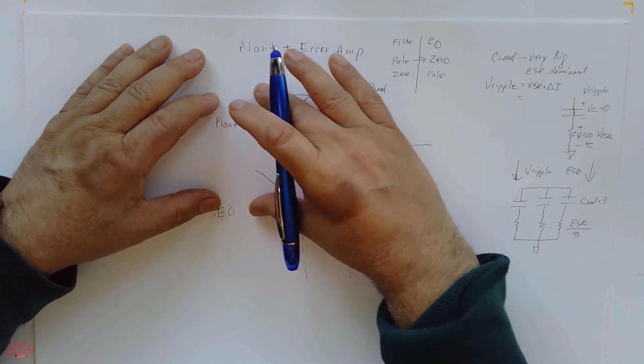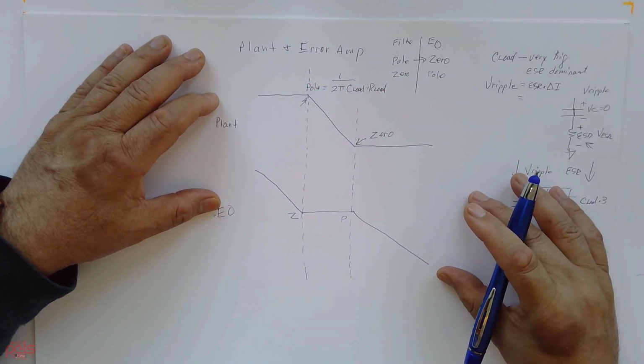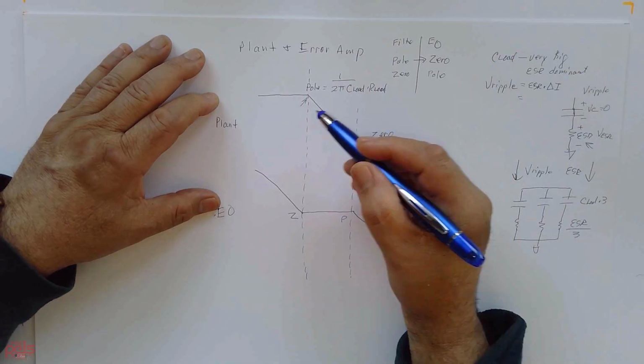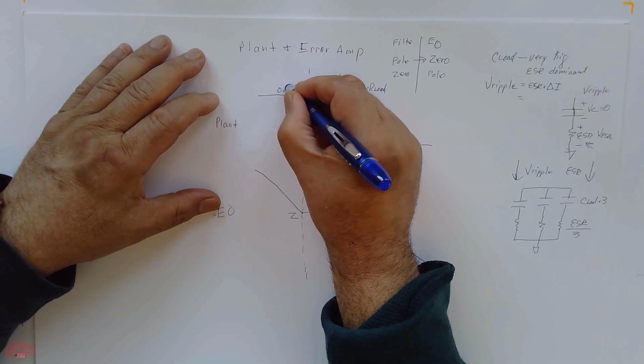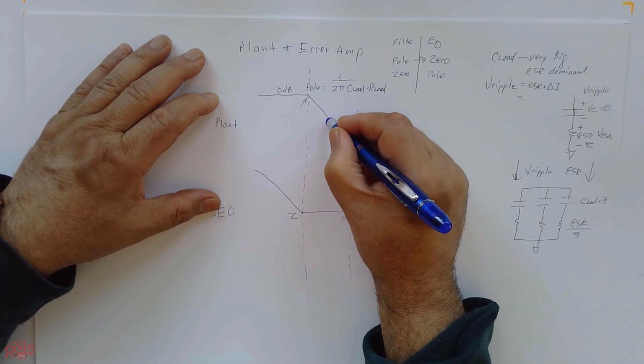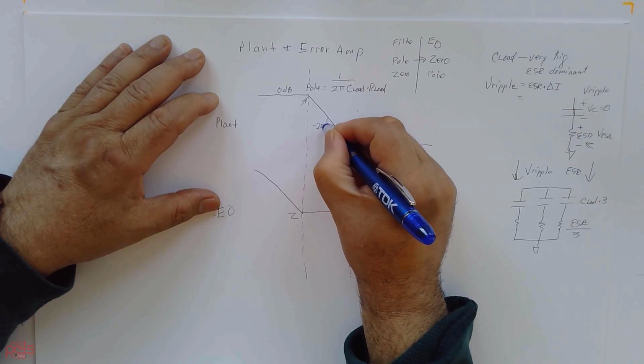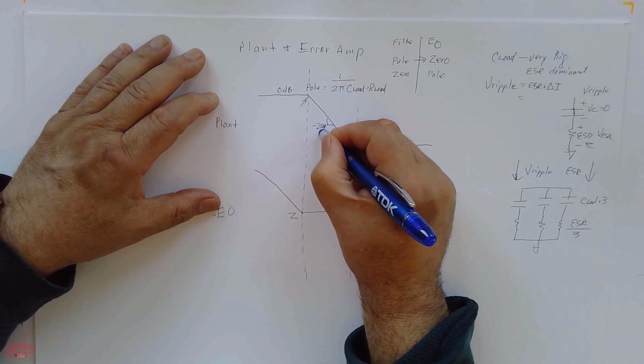Now, if you combine these, all you have to do is add the phases. In this case, we know that this is 0 dB slope, and this is negative 20 dB per decade.